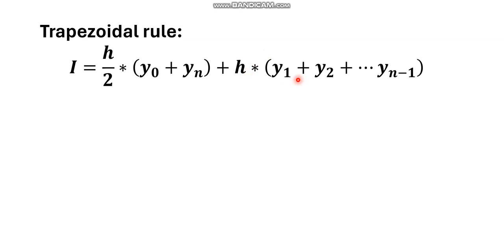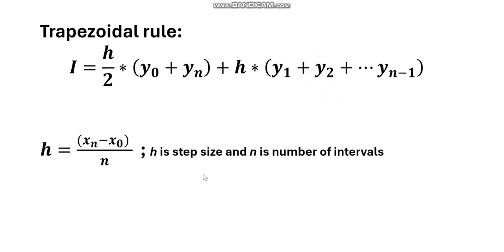Similarly, y1 is the function y value at x1, and this is the function y value at x2, and so on. If the step size is not given, this is how you can calculate it. It is given as xn, the last value of input x, minus x naught, the first value of x, divided by n. N is the number of intervals.